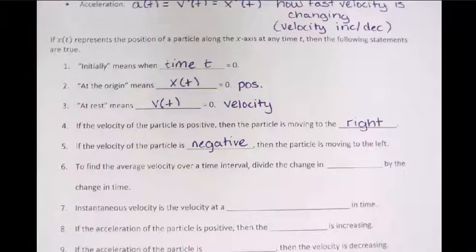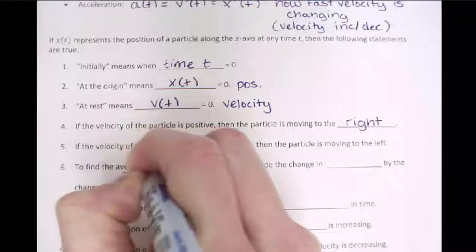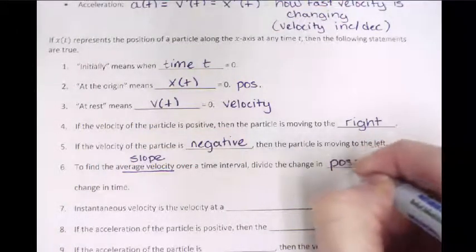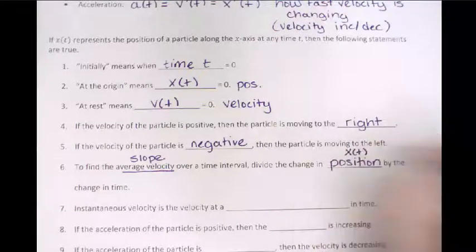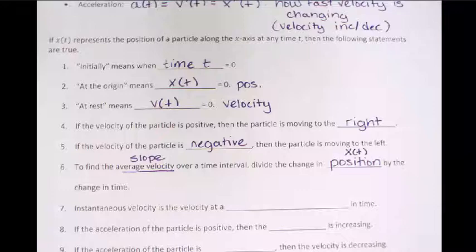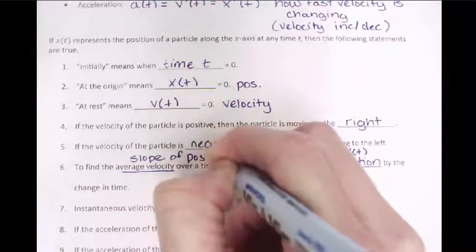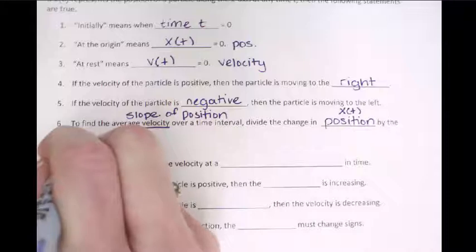To find the average value over a time interval, remember average value is the same thing as slope. Divide the change in the position by the change in time, okay? So it's the slope of the position. Okay, so instantaneous velocity, remember instantaneous is another word for derivative.